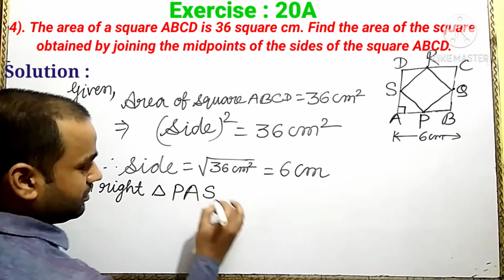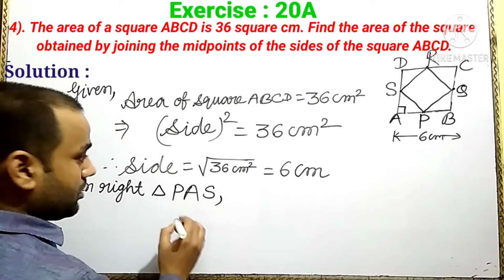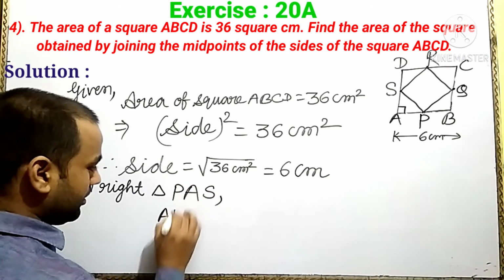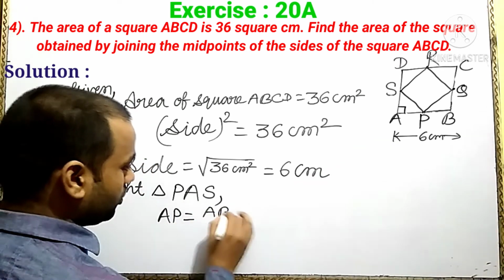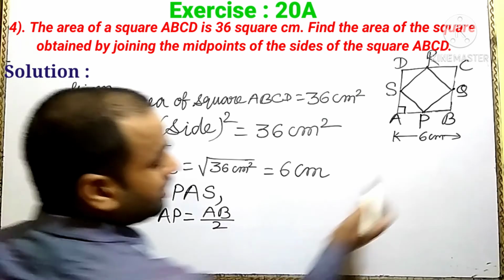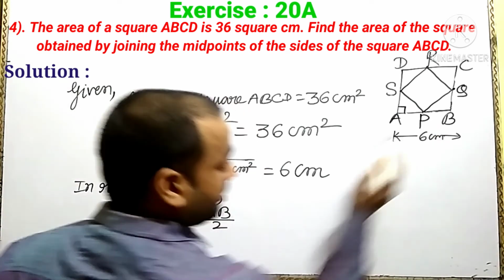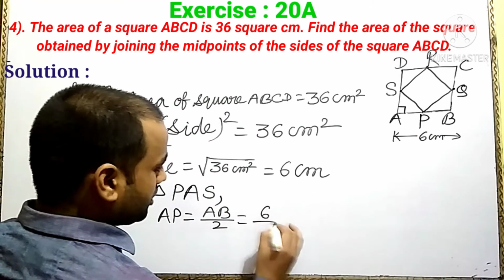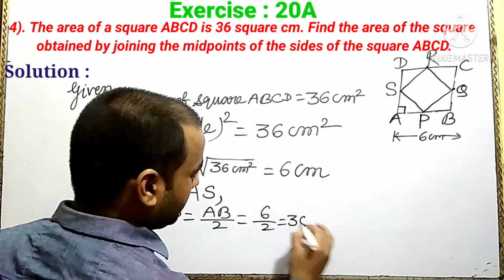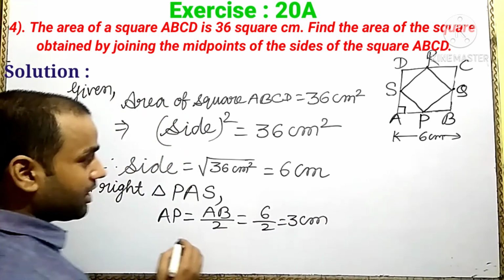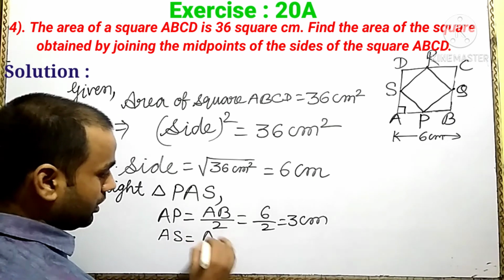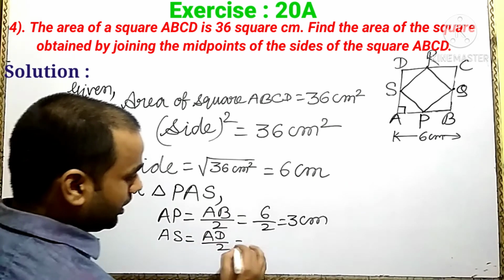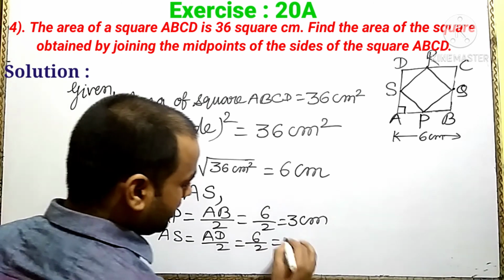PAS. Find AP. AP means AB by 2 because here P is a midpoint. AB is equal to 6 by 2 is equal to 3 centimeter. Similarly, we find AS is equal to AD by 2. AD is equal to 6 by 2, means 3 centimeter.